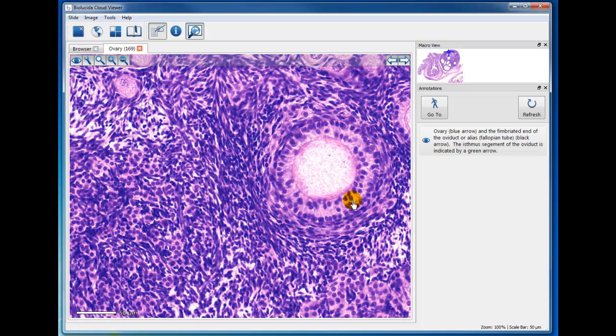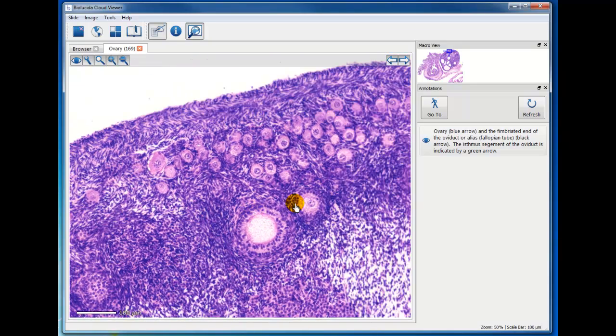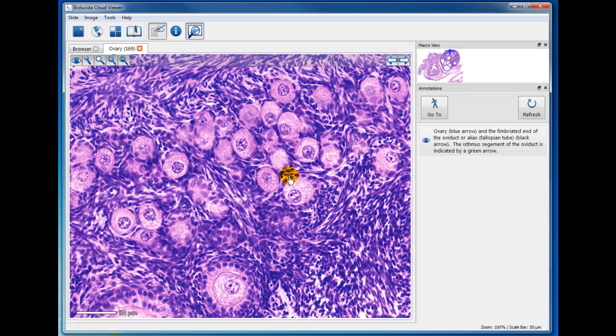So this would be a secondary follicle with two layers of cells around the oocyte, and the oocyte's been sectioned just off center, and now you can see the nuclei of oocytes over here, and this is a secondary follicle. I see the beginning of a primary follicle.